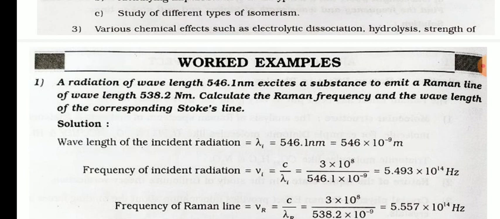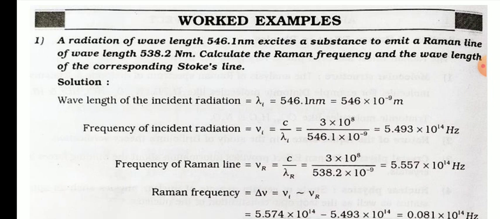The first problem: a radiation of wavelength 546.1 nanometer excites a substance to emit a Raman line of wavelength 538.2 nanometer. Calculate the Raman frequency and the wavelength of the corresponding Stokes line.